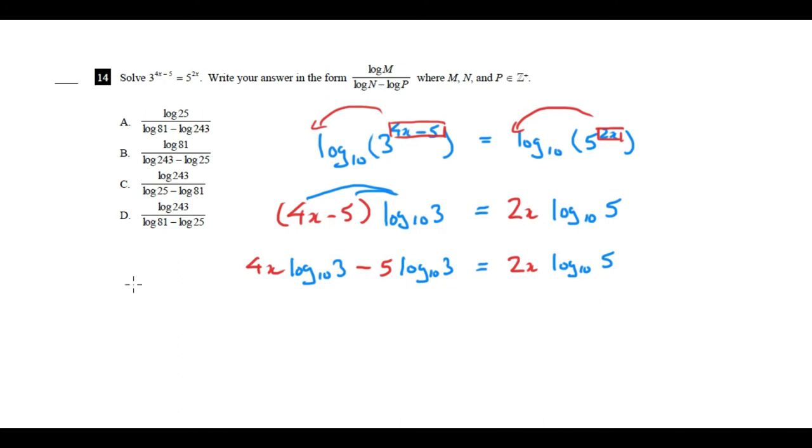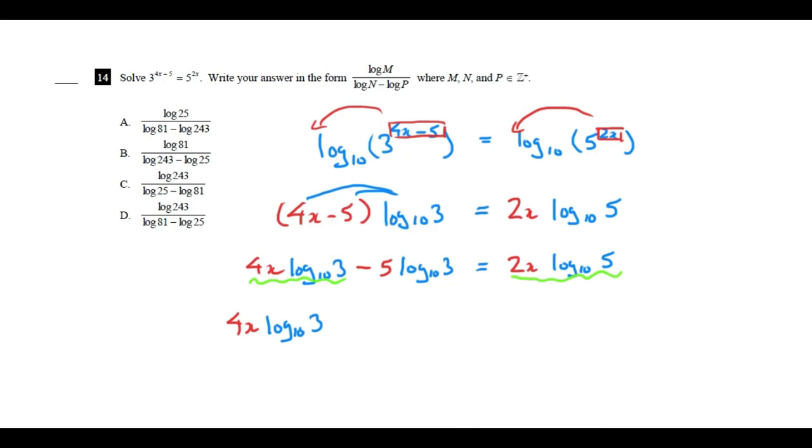So what's left to do now? Well, we have to get x by itself and isolate it. Now, since I have a term with x in it here, that 4x term, we have a 2x over here. We have to do some sorting and get everything with an x in it over to the left-hand side, or any side. I think I'll just choose the left-hand side. So we'll say 4x log base 10 of 3.